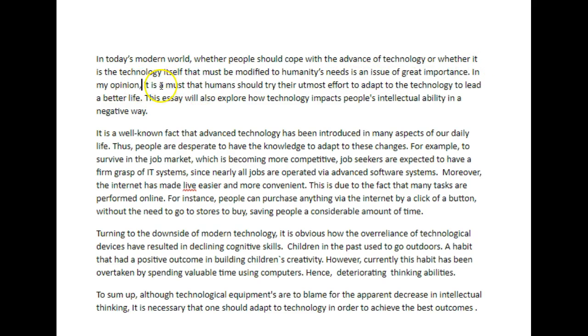In my opinion, it is a must that humans should try their utmost to adapt to technology, let's say to adapt to emerging technologies, in order to lead a better life.